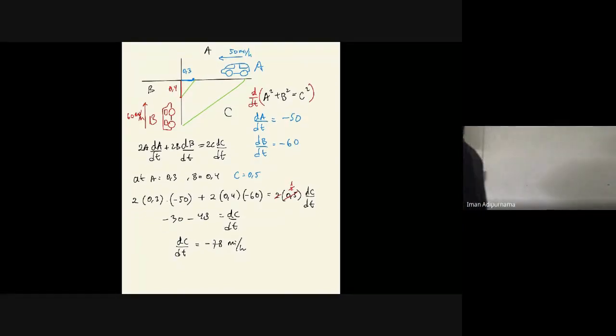Okay, any questions? So this is actually not really using any analysis from specific calculus. This is basically how you read the questions, how you understand the questions, and how you relate the questions with some formula that you can find.